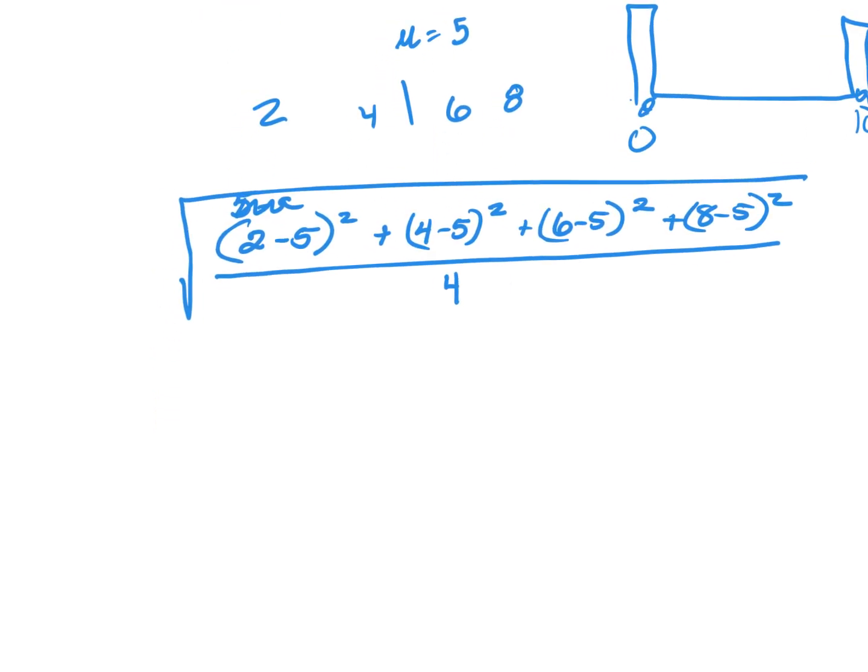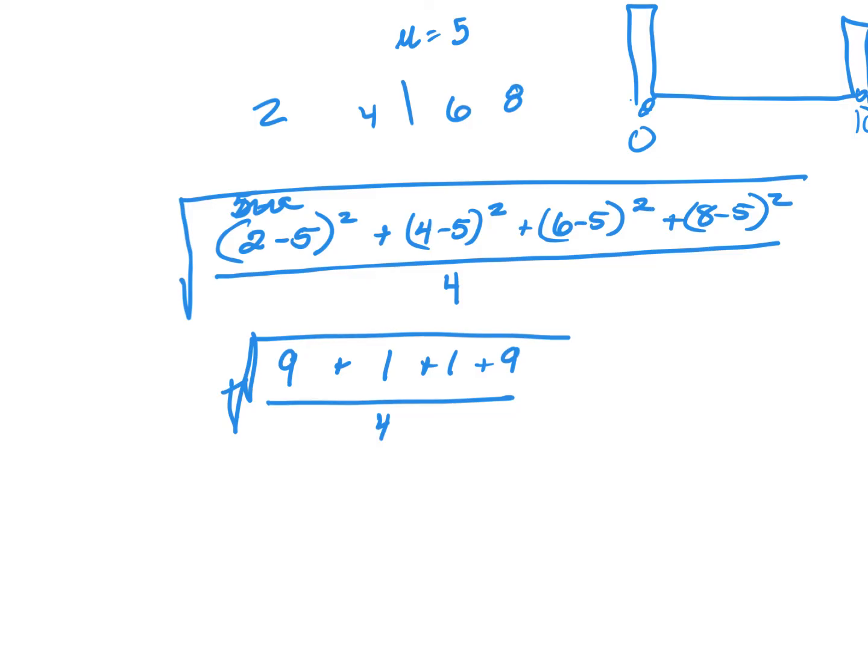So I would have 9, that's 3 squared, plus 1, plus 1, plus 9 again, over 4, whole thing square rooted. Notice this part in the square root, right here, has a name and it's called the variance. We use this symbol for variance.